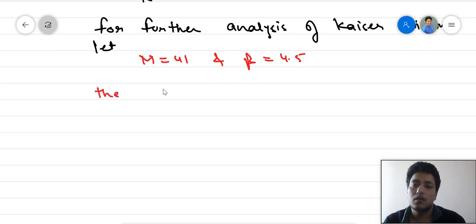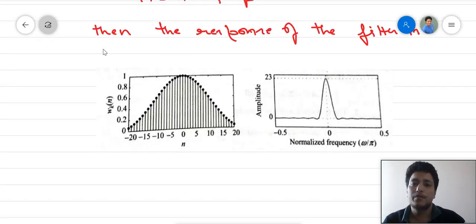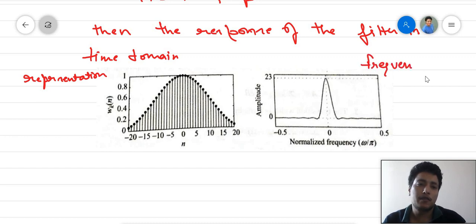Then the response of a filter is, this is the time domain representation and this is the frequency domain representation.